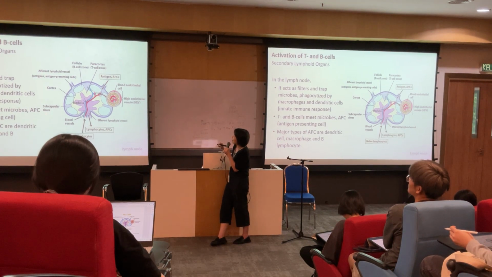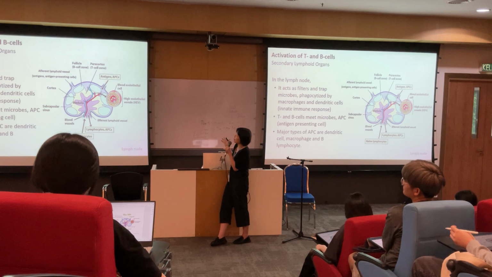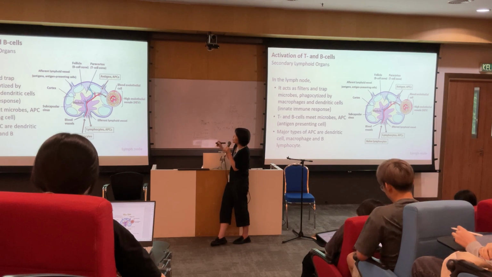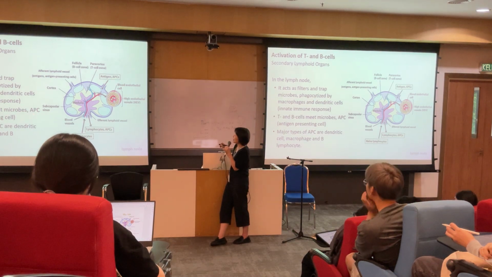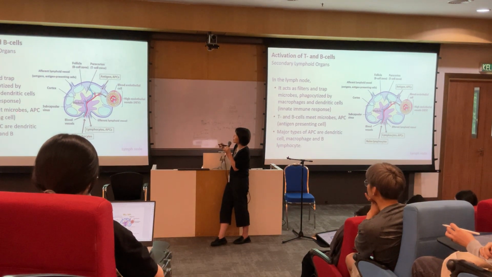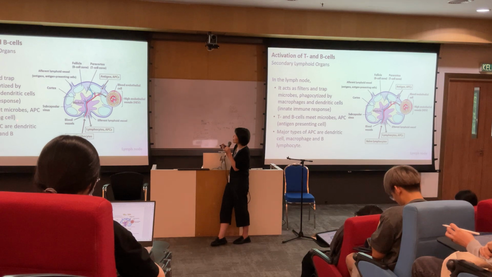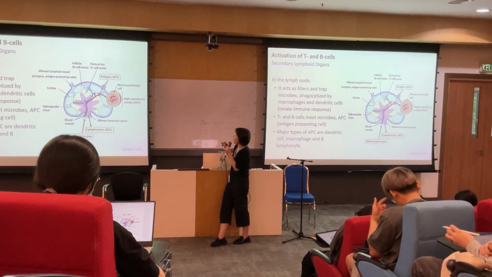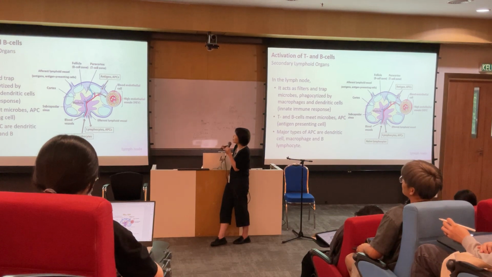What happens is that APCs present the antigens, which come from the bacteria or microbe, to the T cells and B cells. When they are presenting the antigens, or when B cells directly meet the microbe, the T cells and B cells will be activated. So this is how the activation comes about. Actually, activation of B cells and T cells comes from the secondary lymphoid organs.